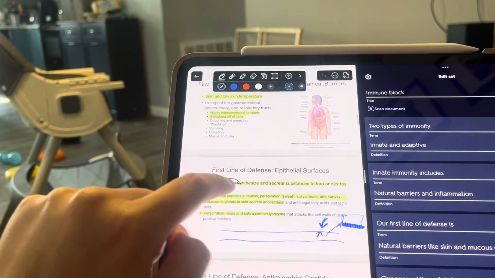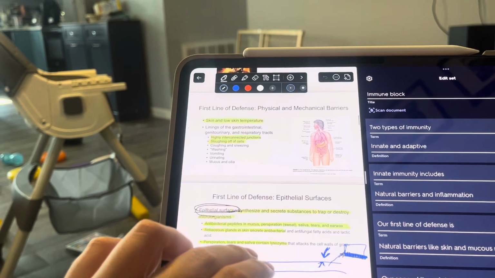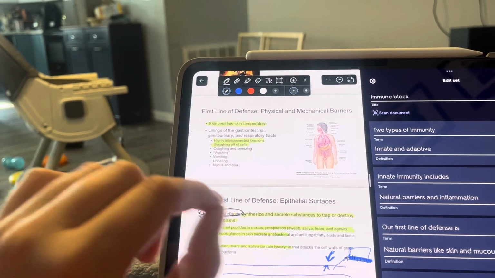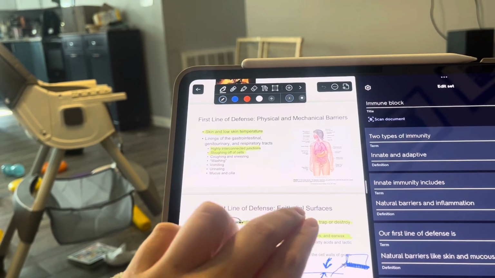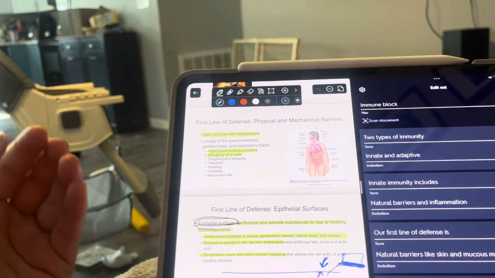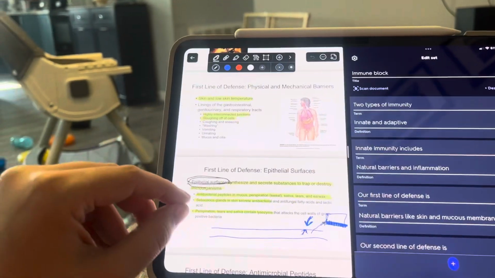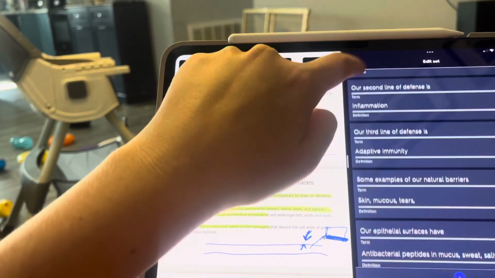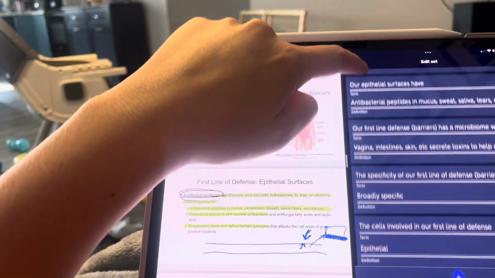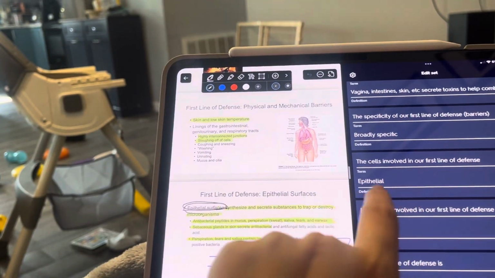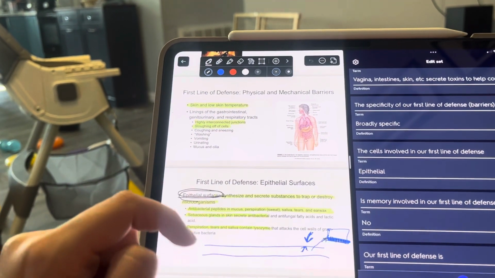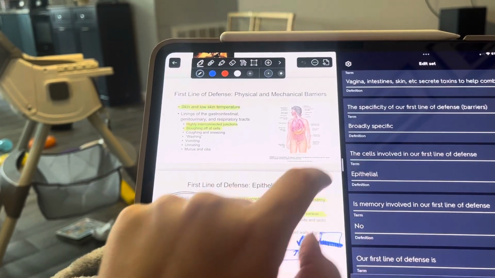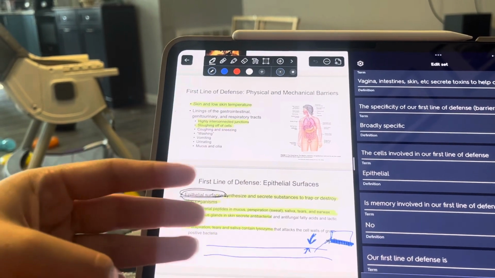And then another thing with the skin is that the skin is also known as an epithelial surface, and that's just because the epithelial cells are on the skin. So when she asks what are the cells involved in our first line of defense, it's epithelial cells. The epithelial cells secrete three things.